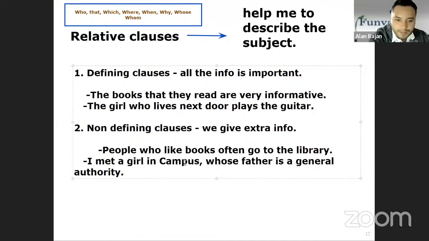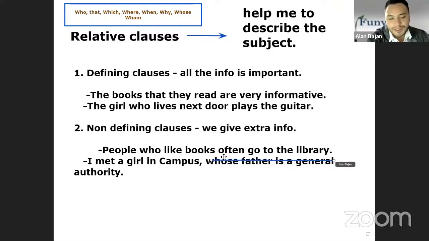Also, don't forget the commas. Whose father is a general authority. Can I delete that? Yes, I can delete whose father is a general authority, and I can say I met a girl in campus.